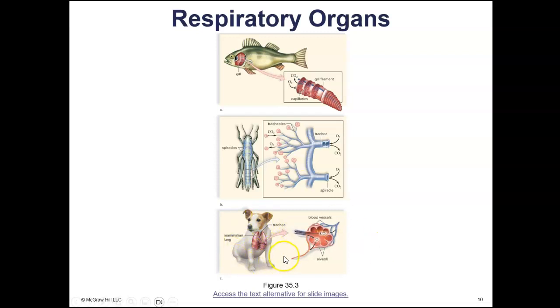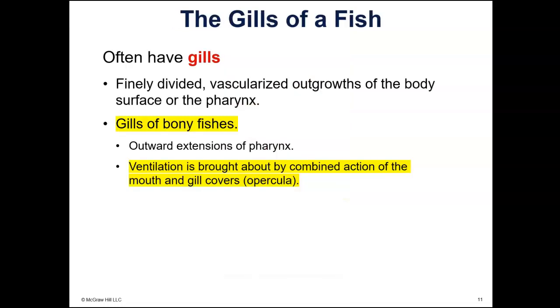Mammals like dogs and humans have air sacs in their lungs called alveoli that are surrounded by blood capillaries, and that is their respiratory membrane, where the blood vessels and the air sacs connect.